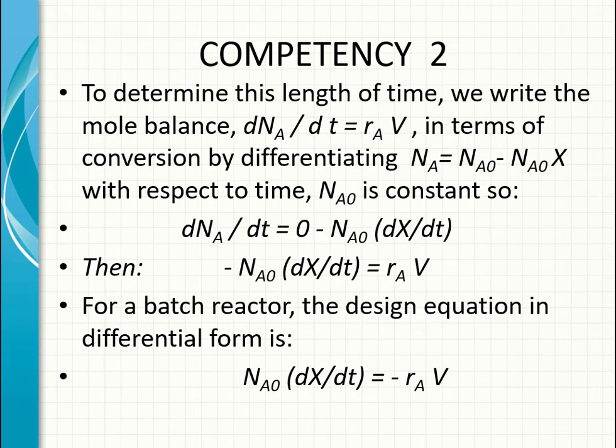To determine this time, we write the mole balance dNA divided by dt equal to Ra times V in terms of the conversion.